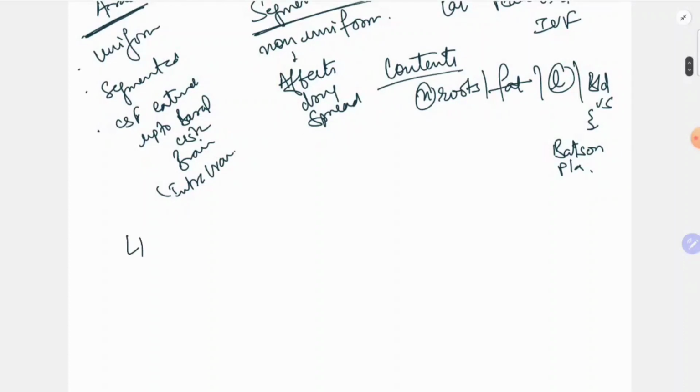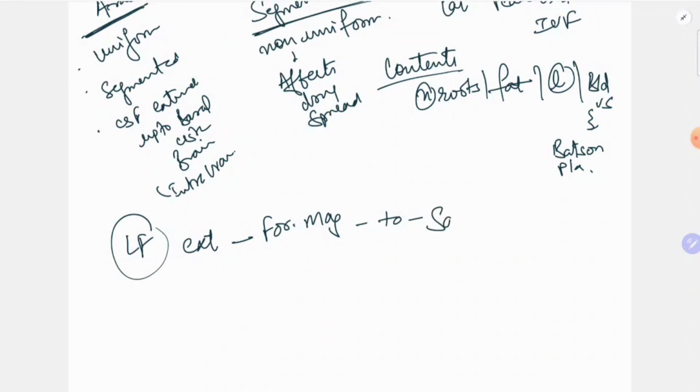Now let's talk a little bit about this ligamentum flavum, which forms an important anatomical structure for us. The ligamentum flavum extends superiorly from the foramen magnum to the sacral hiatus inferiorly. So because of the ligamentum flavum, the epidural space is not able to go beyond the foramen magnum.